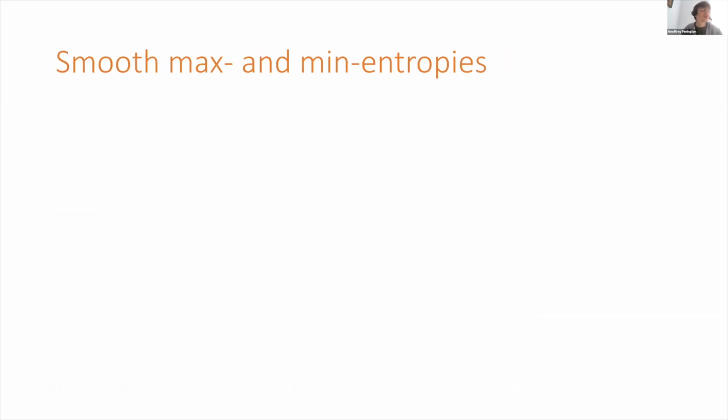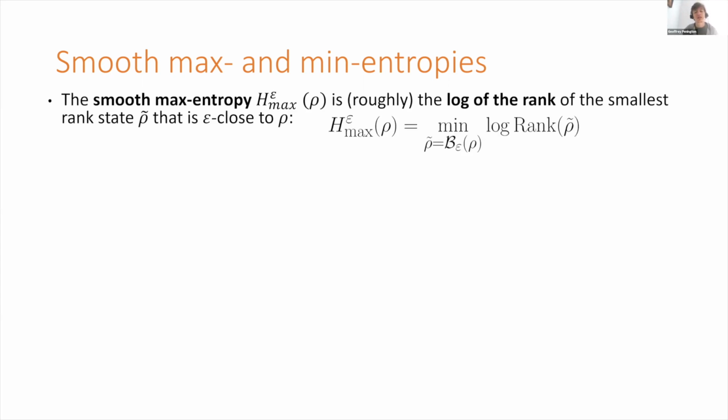Okay, so we can be a bit more formal about this. We can be more formal using these quantities from one-shot quantum Shannon theory. So in particular, roughly speaking, this is the original definition actually, but the definition has since changed very slightly. The smooth max entropy of a state rho is just by definition the log of the rank of the smallest rank state rho tilde that's still epsilon close to rho.